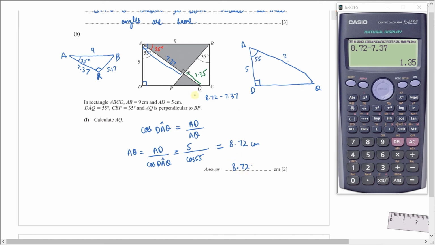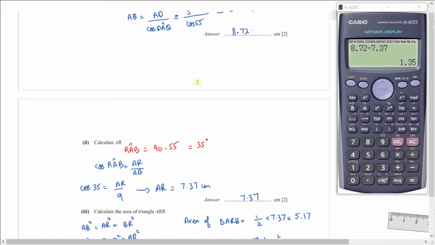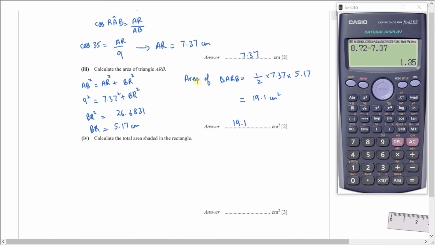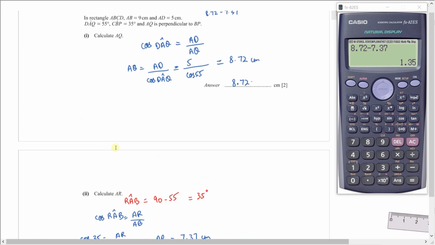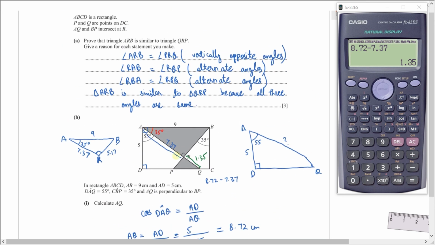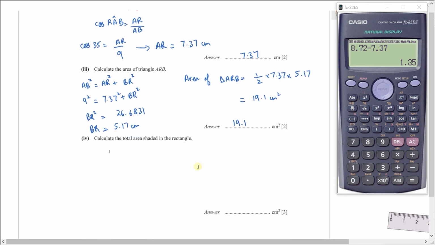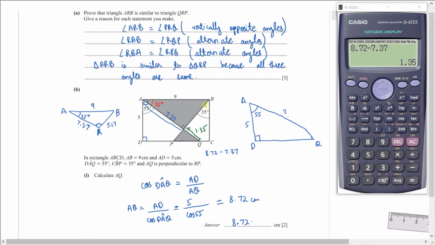Now, since these are similar triangles, I can use the property that the ratio of their areas will equal the ratio of the square of their sides. I will take two corresponding sides. So if I take the ratio of AR over RQ and then take the square, it equals the ratio of their areas.